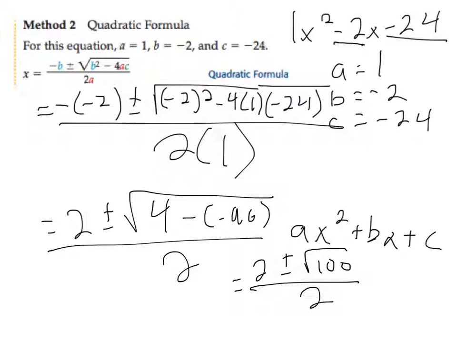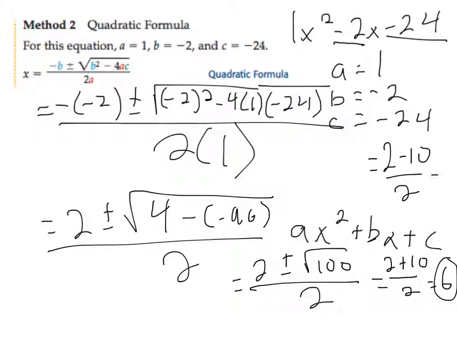Remember, guys, that 4 minus negative 96 is the same thing as 4 plus 96, so we get 2 plus or minus the square root of 100. So we have 2 plus the square root of 100, which is 10, so 2 plus 10 divided by 2, which is 12 divided by 2, so it's 6. And then we also have, sorry, we ran out of space here, 2 minus 10 divided by 2. 2 minus 10 is negative 8, and negative 8 divided by 2 is negative 4. So the answers are 6 and negative 4, which is the exact same answers that we just got before.